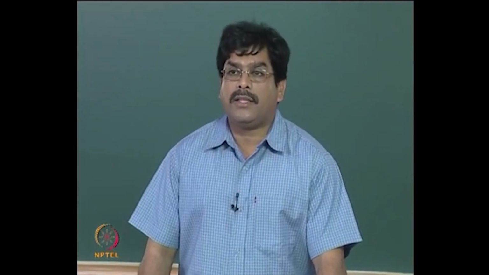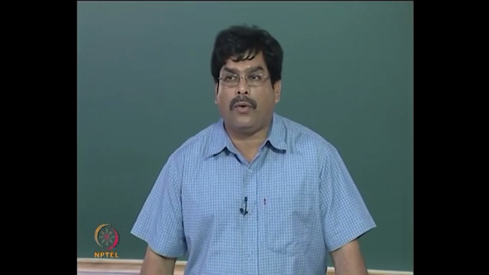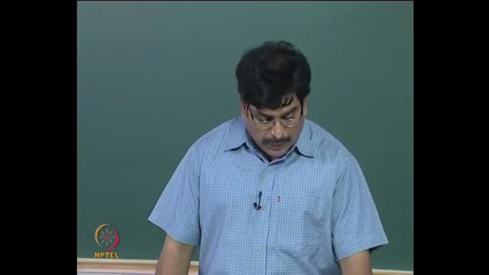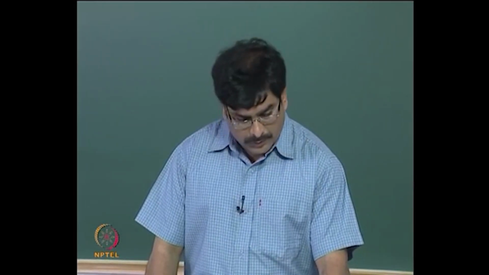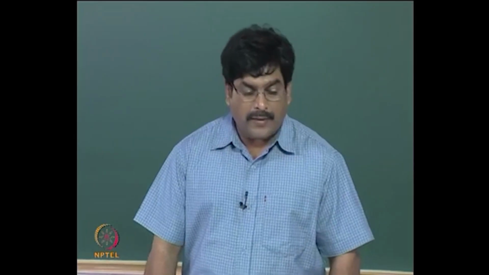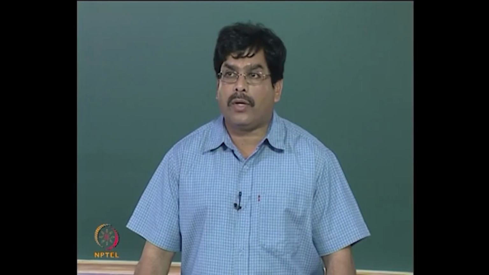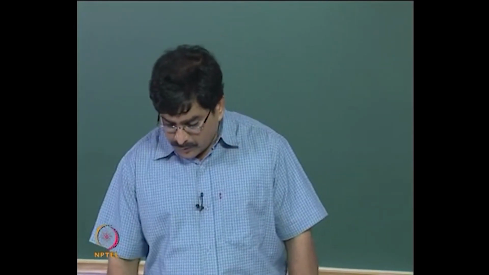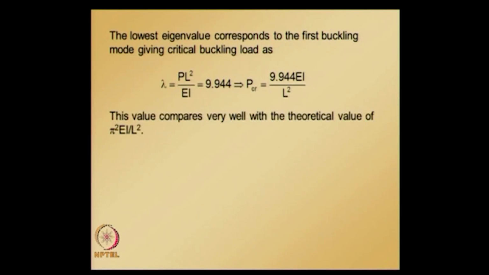So, lambda 1 is equal to 9.944, that will be equated to PL square over EI, and back calculate what is P. We obtain P critical as 9.944 EI over L square, and if we compare this with the theoretical value which is pi square EI over L square, it matches very well.